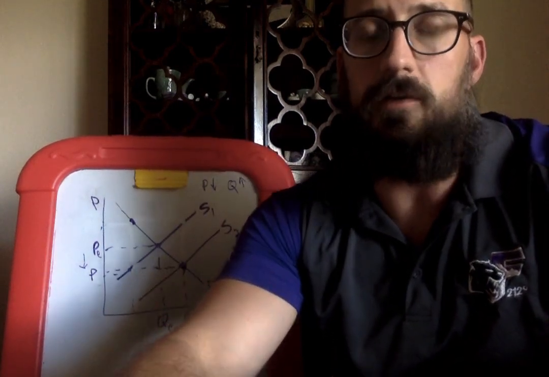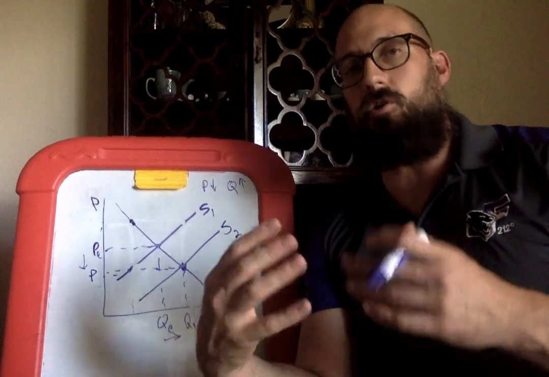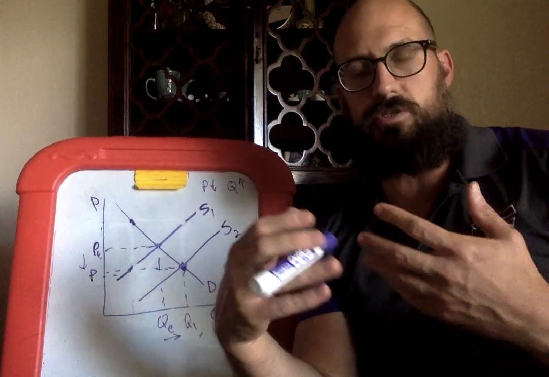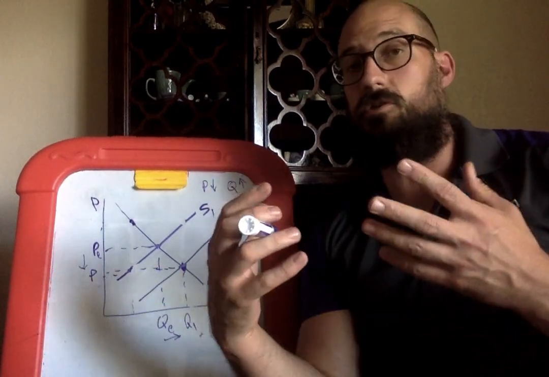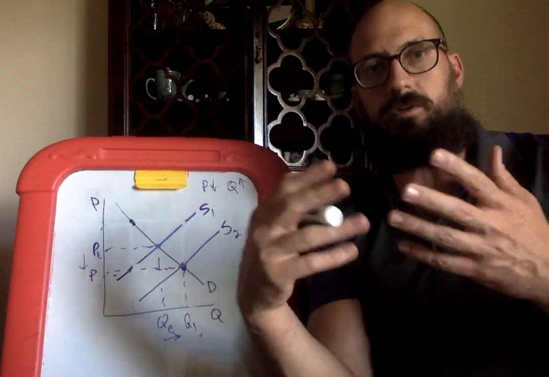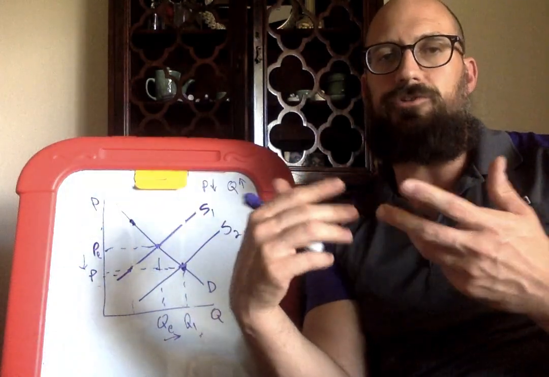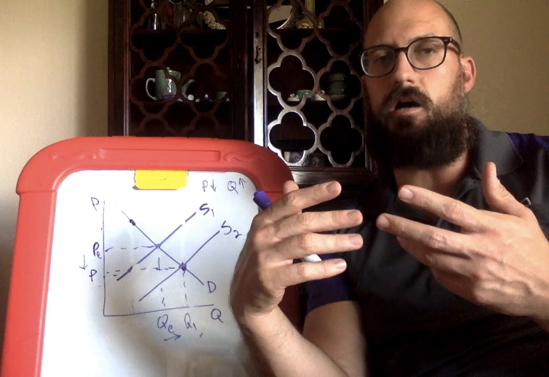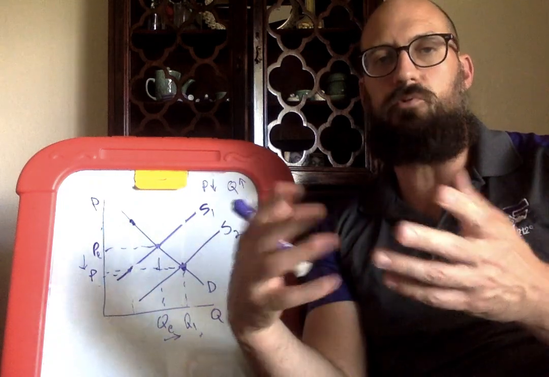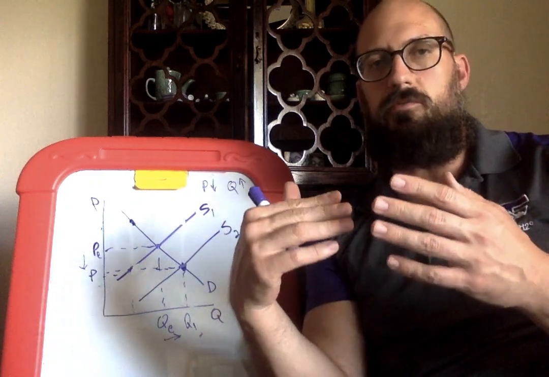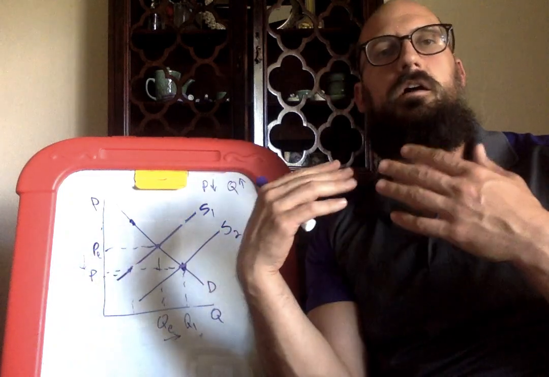All right. Now let's say the Gatorade example that we were using earlier. Now that's a substitute, or we look for a substitute for Gatorade, like Powerade. And we'll say that the price of Powerade increases.